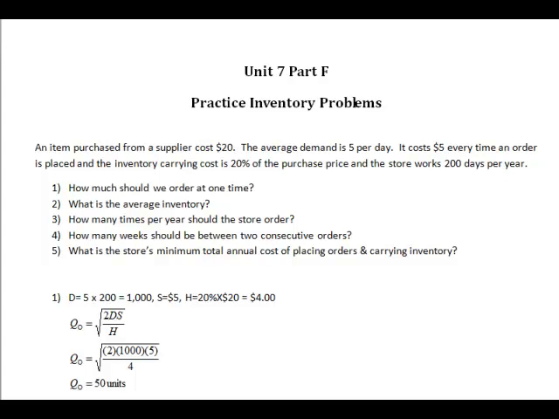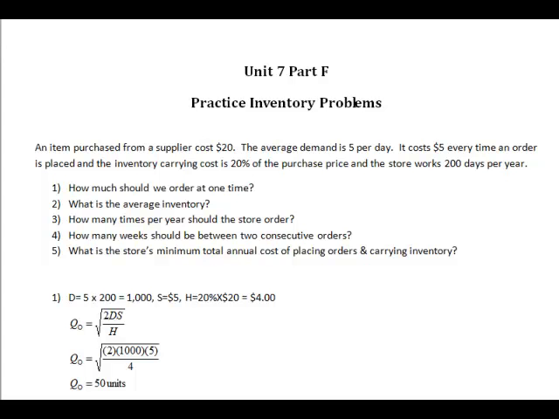Now our holding cost. Now there are two ways in which holding cost can be represented in a problem statement. One way is just given a flat dollar amount. In the case study that you went through in previous parts, that's the way it was done. This way, we've done it as a percentage of price. So the holding cost for this item is 20% of the price. The price is $20.